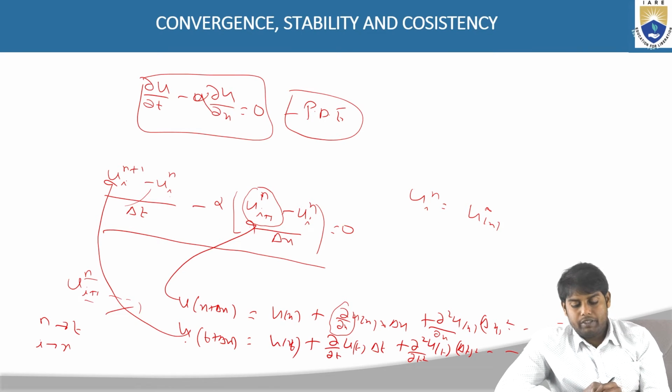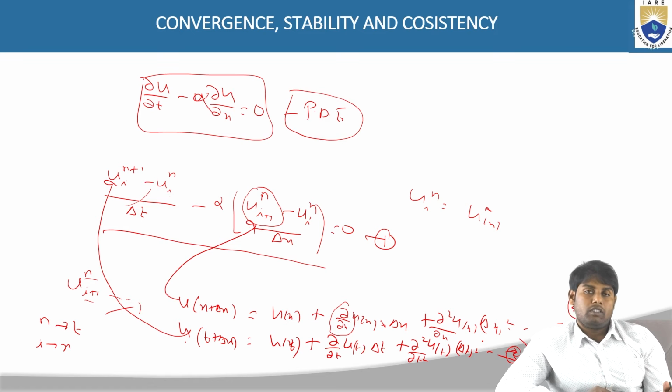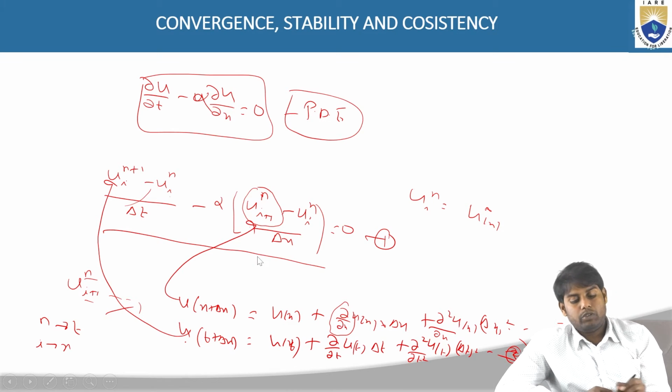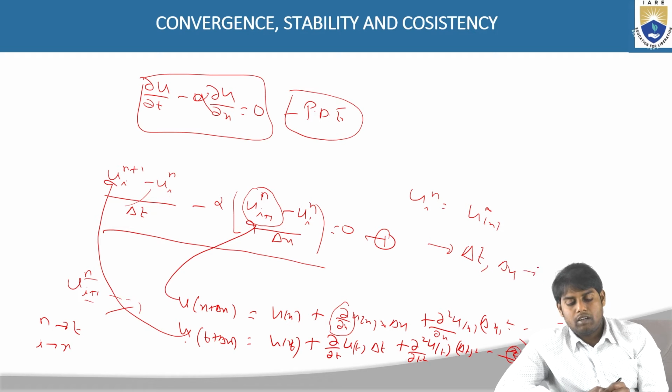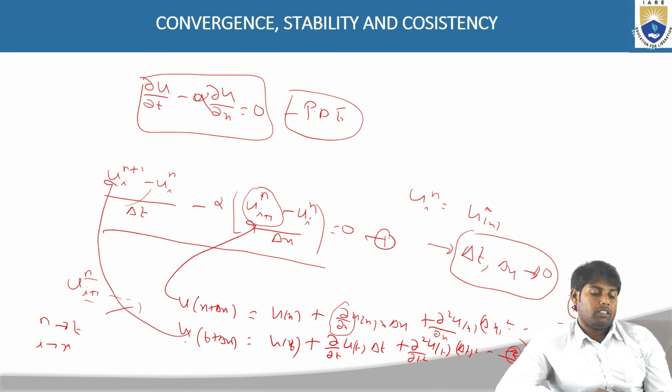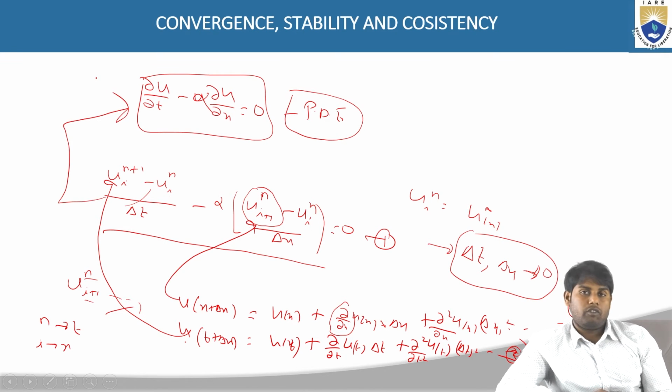Let us take this as equation 1, this as 2 and this as 3. We substitute equations 2 and 3 in equation 1 and apply the limit delta t, delta x tends to 0. When you apply this condition, you have to obtain the original form of the PDE from this equation.